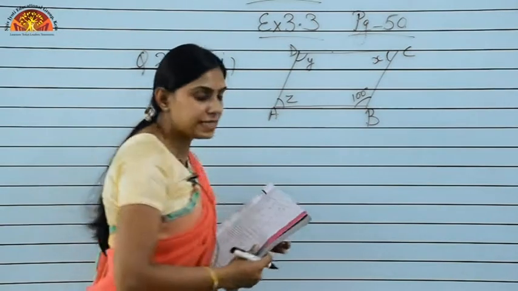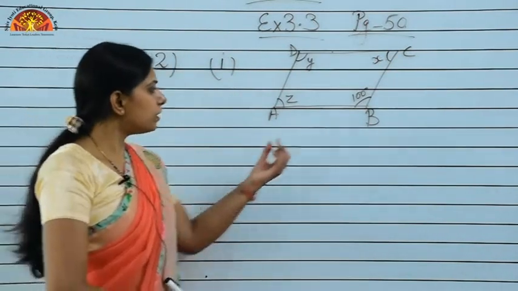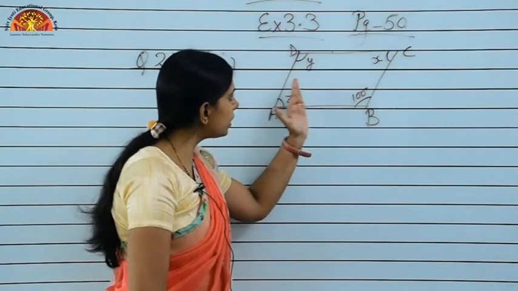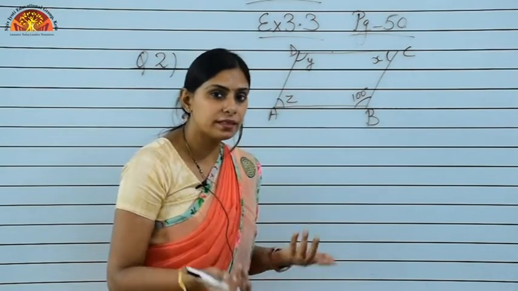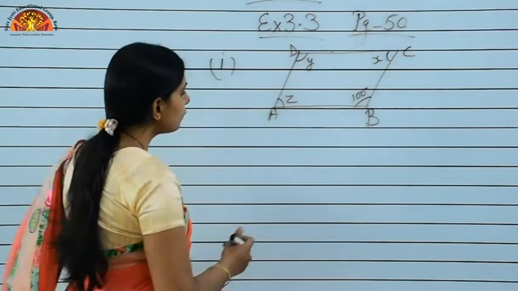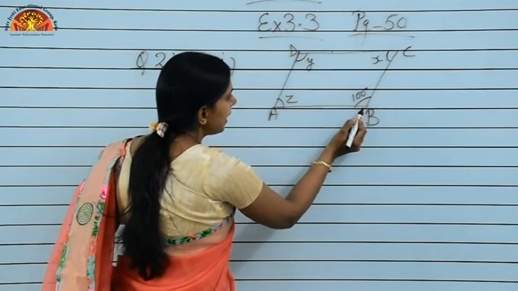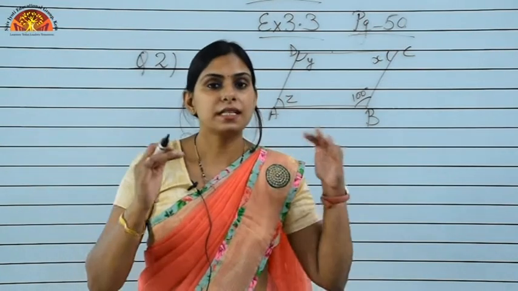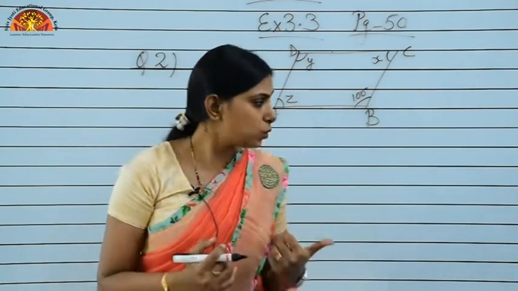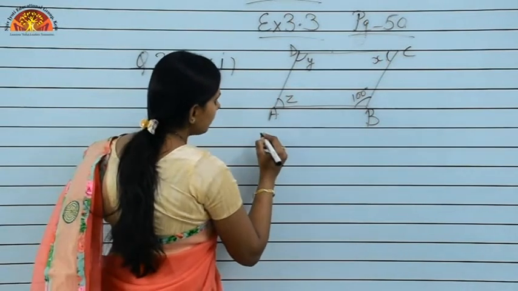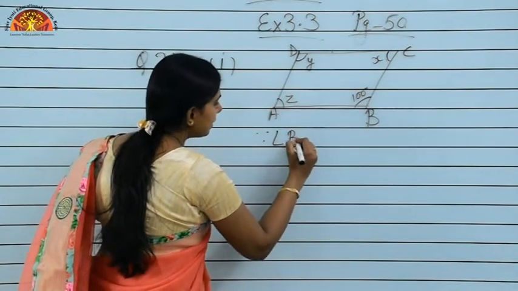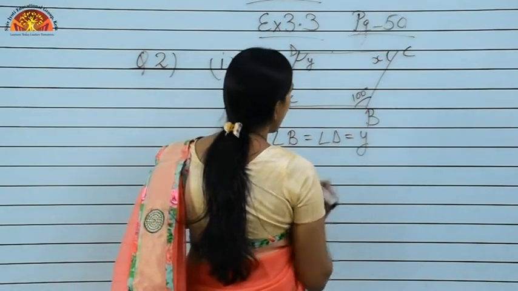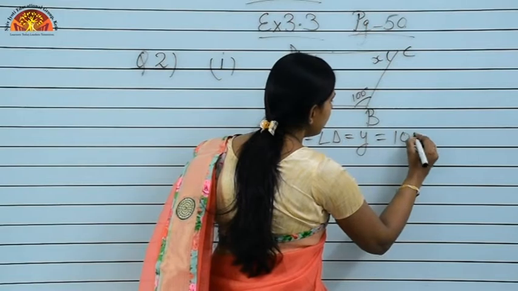So children, you can see the figure over here. Only one angle measure has been given to you, that is 100 degrees. And there are 3 unknown angles whose measures you have to find. So how can you find out? You can see that angle B is equal to angle D because what is the property of a parallelogram? That is, opposite angles are equal to each other. So we can write, since angle B is equal to angle D, which is equal to Y, which is equal to 100 degrees.